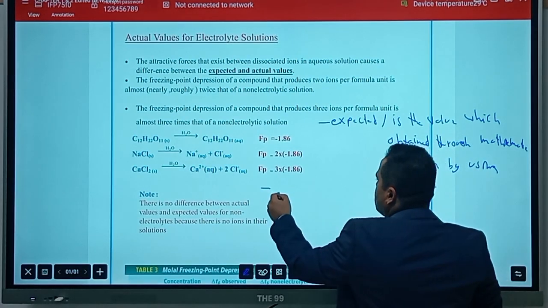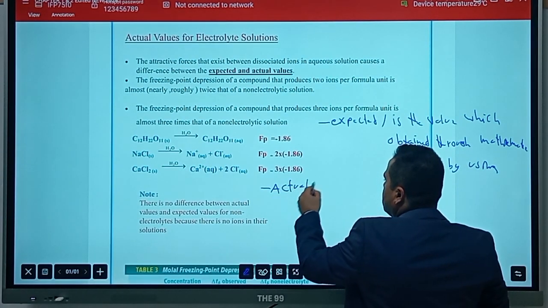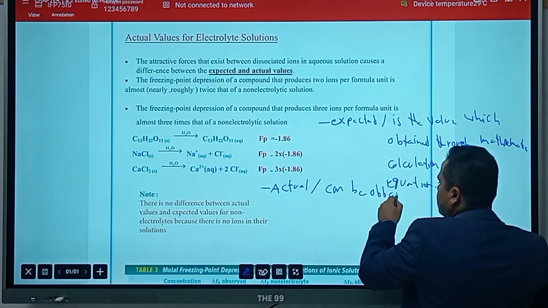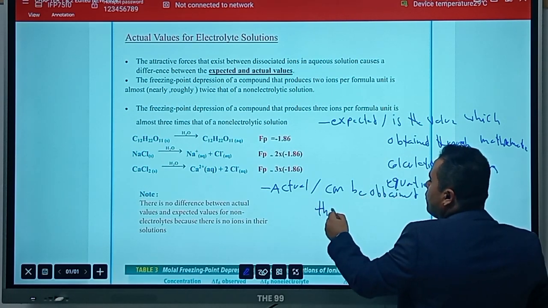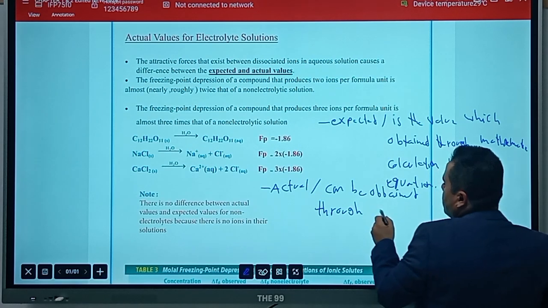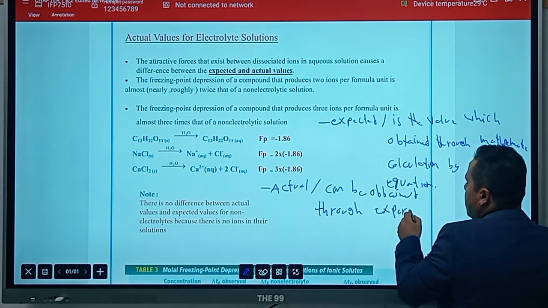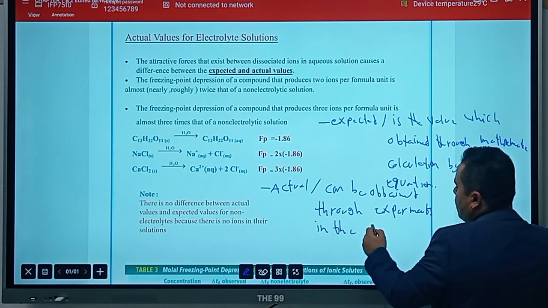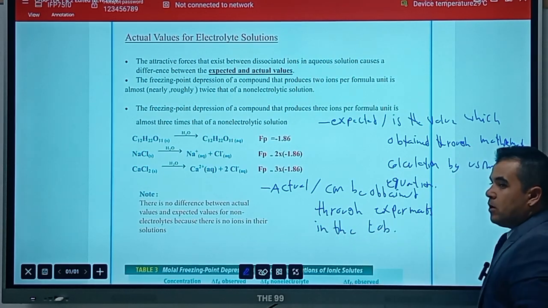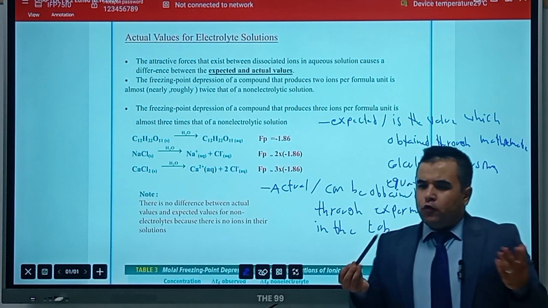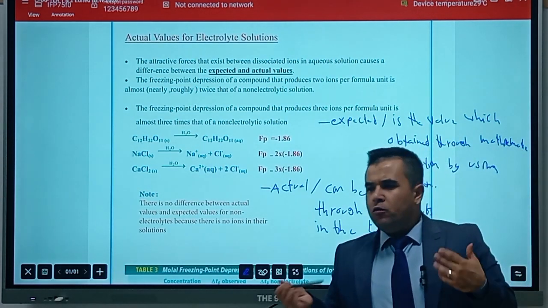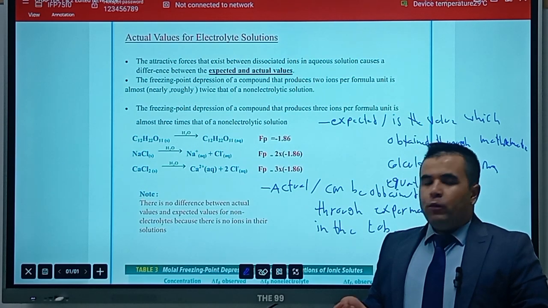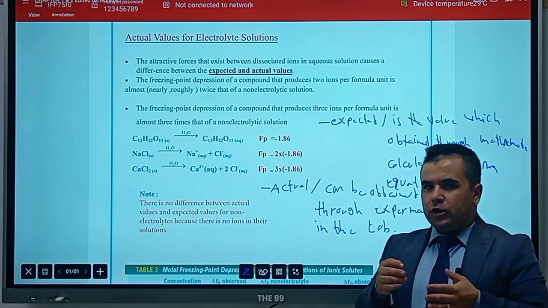But the actual values, guys, can be obtained through experiments in the lab, in the laboratory. We said, for example, the delta Tb of water is 2.5. We have expected, theoretically calculated.